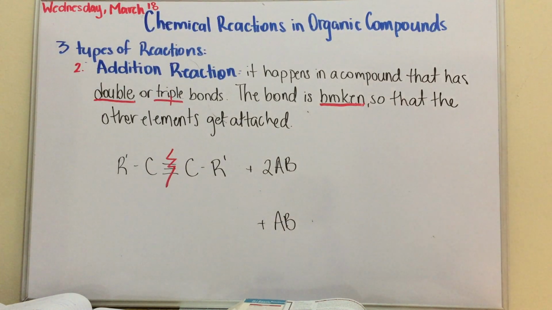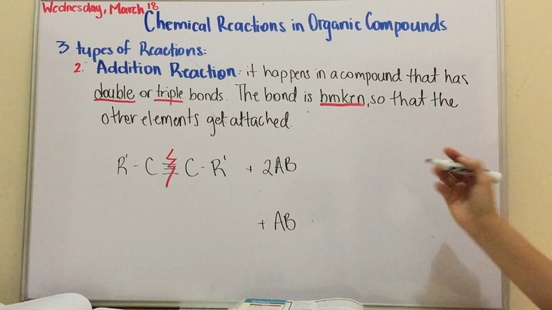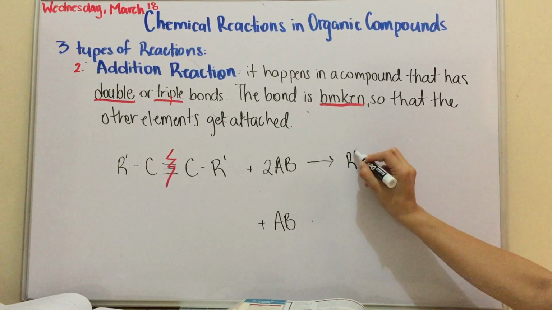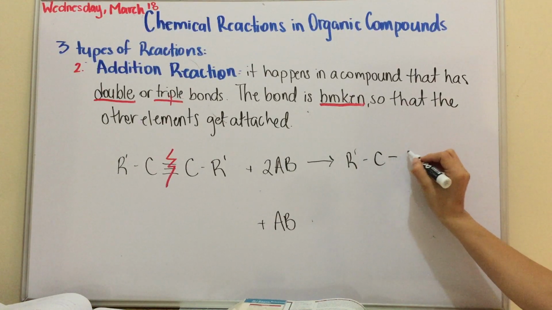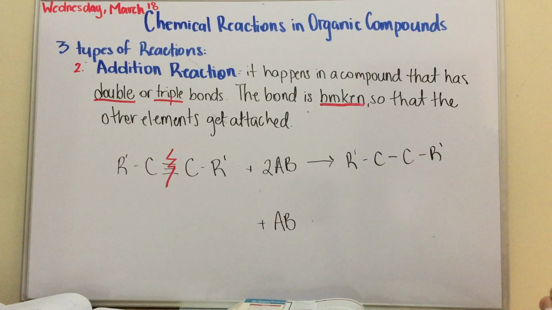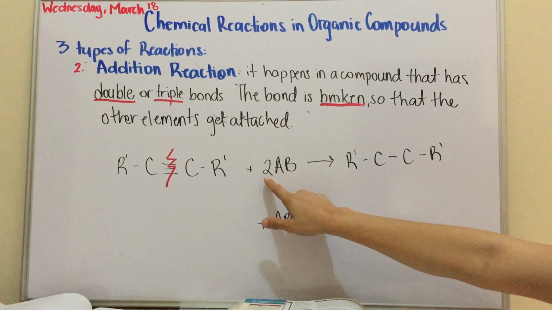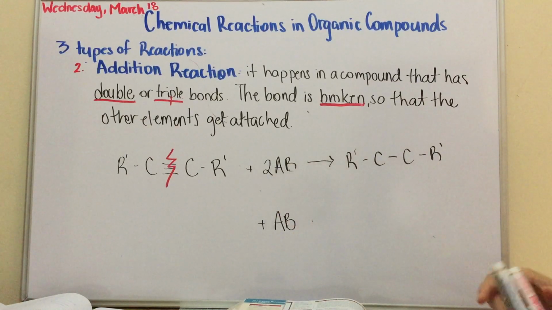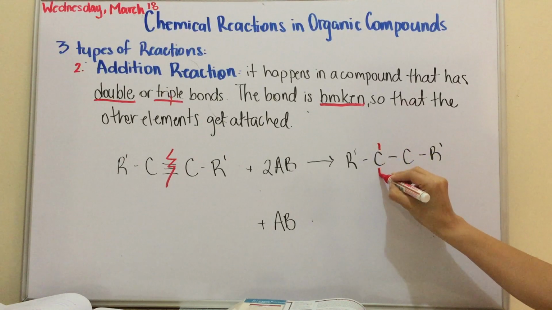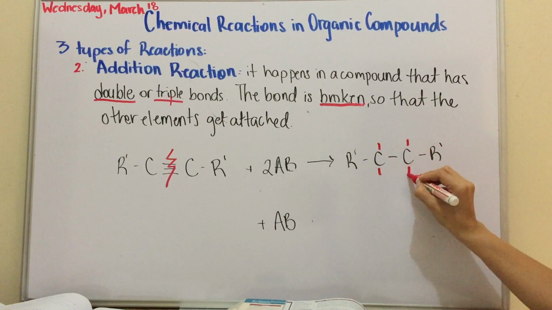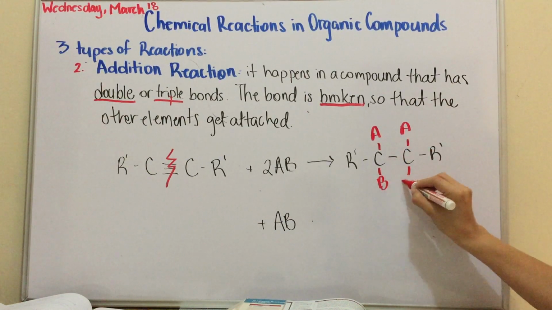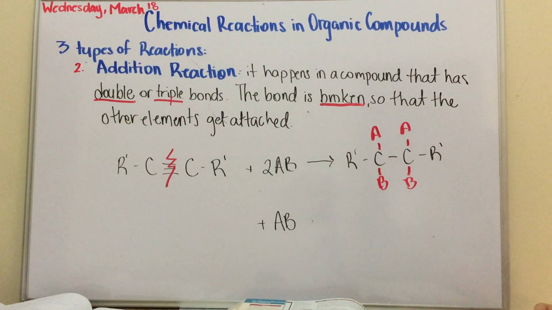All right, so here in this first addition reaction, we have R, carbon, carbon, and R. And I'm trying to attach 2A and 2B. So I have 1, 2, 3, 4, 1, 2, 3, 4. So here goes A, A, B, B. All right?